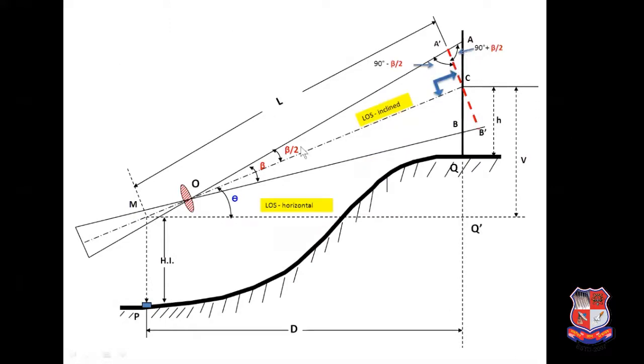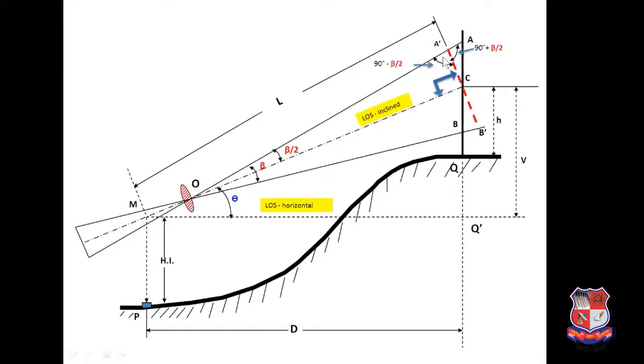You concentrate on this figure. First consider the triangle A dash OC. In triangle A dash OC, this angle is 90 degree. This whole angle is beta. So this angle will become beta by 2.